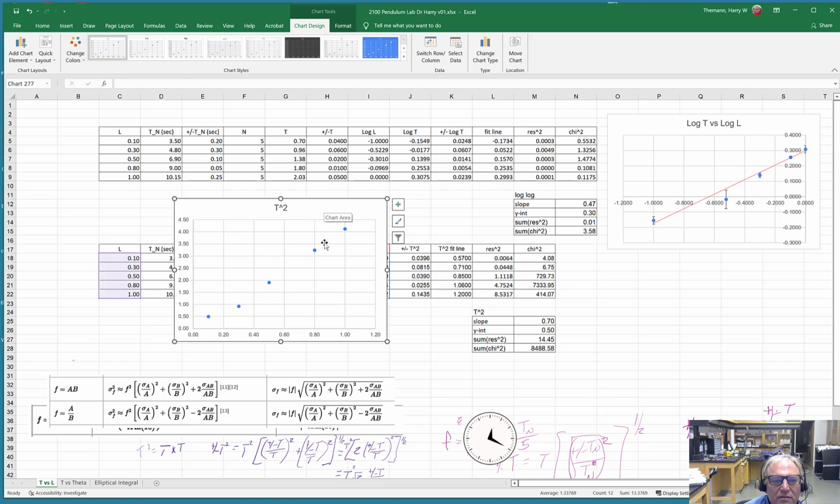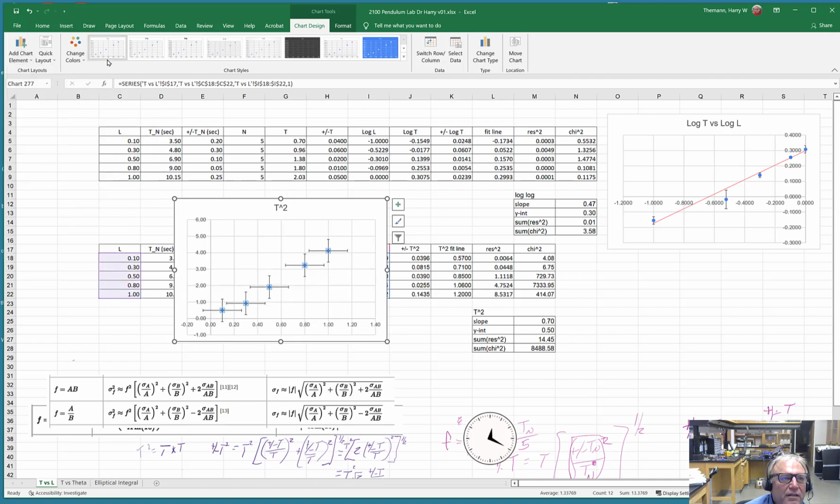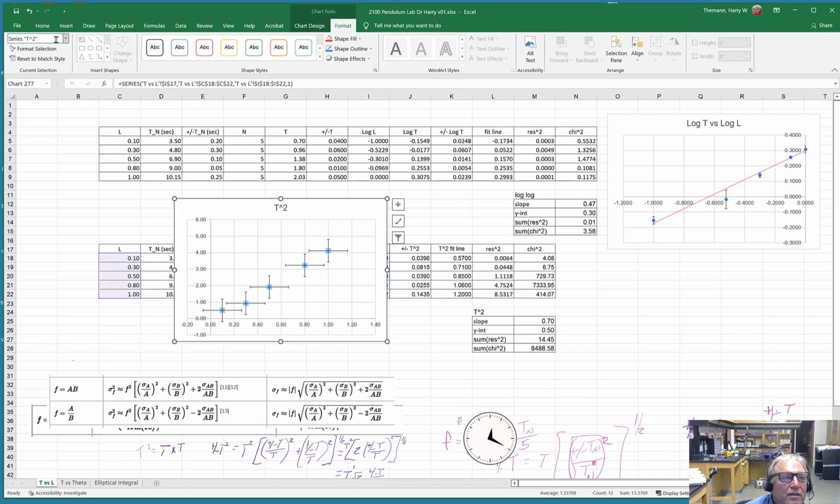And so let's insert the error bar. Let's see, without using the bar on the right, because our Mac users won't have it. So there's the X error bar. Oh, interesting. Is there any way of manipulating it?